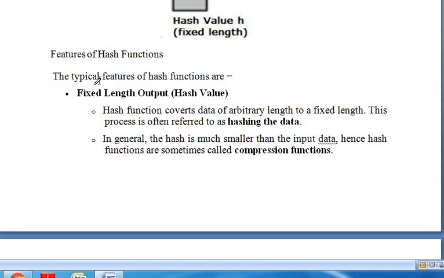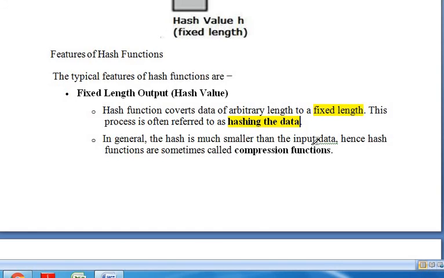First, fixed length output: the hash function returns a fixed length output. That is important. It converts data of arbitrary length to a fixed length, and that is termed hashing the data.